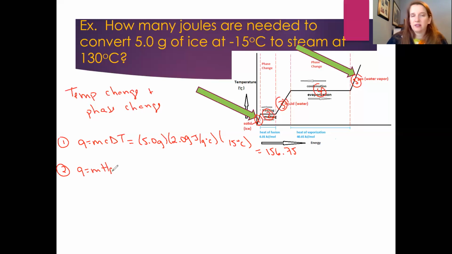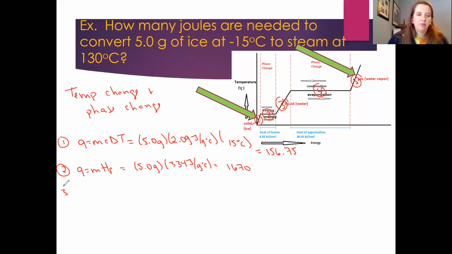This is HF because it's down at the melting. So we have our mass, 5 grams, times our heat of fusion, which is 334 joules per gram. So then we have 5 times 334, and that's 1670.